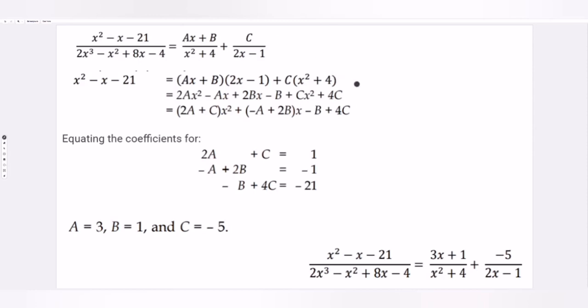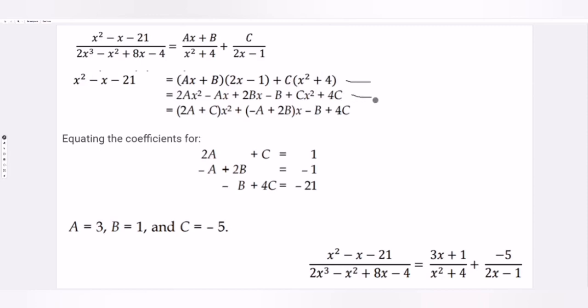This is the result. Next, we need to expand them using distributive properties: 2ax squared, negative ax, b times 2x is 2bx, b times negative 1 is negative b, c times x squared is cx squared, plus 4 times c.